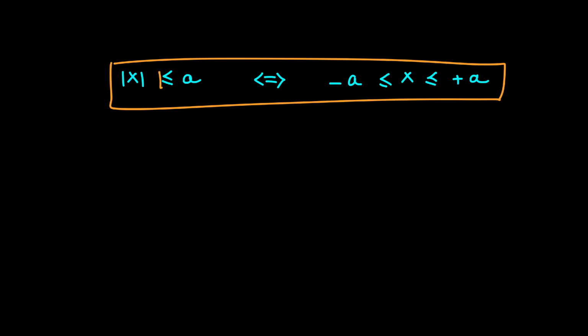Similarly, if there is only a less than sign, something like x modulus is less than a, it will open up and it will become x lies between negative a and positive a. So now let's start with some examples. Something like x modulus is less than or equal to 3. According to the concept, x lies between negative 3 and positive 3.